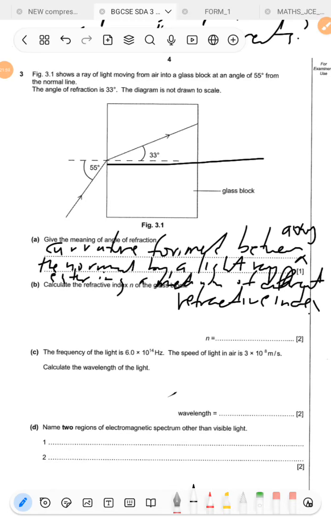So as you can see here, you have this light ray from medium 1 entering medium 2.